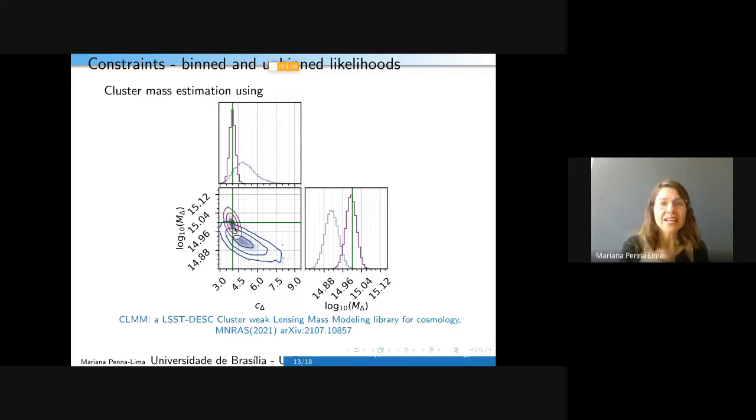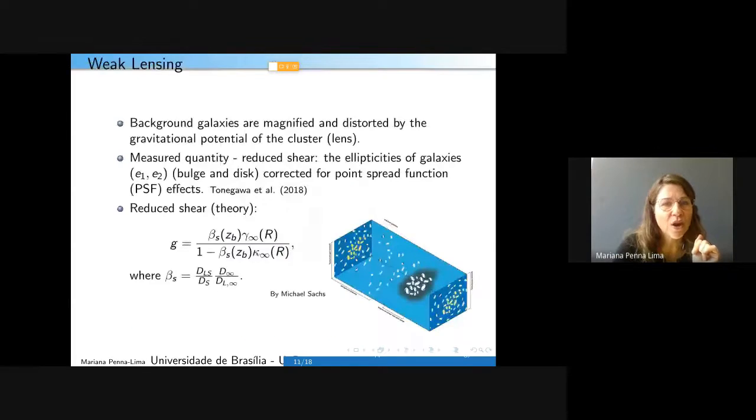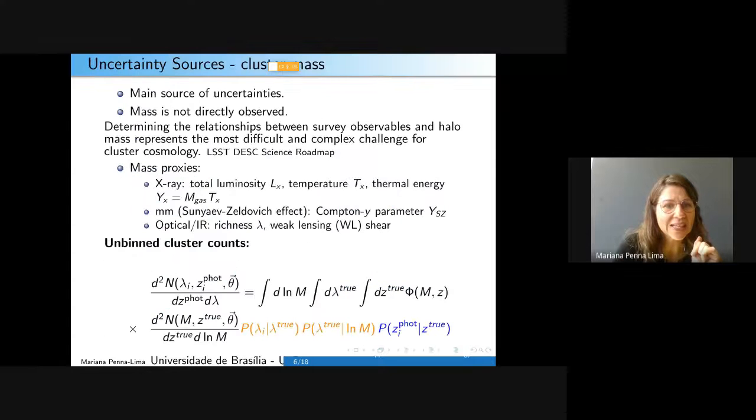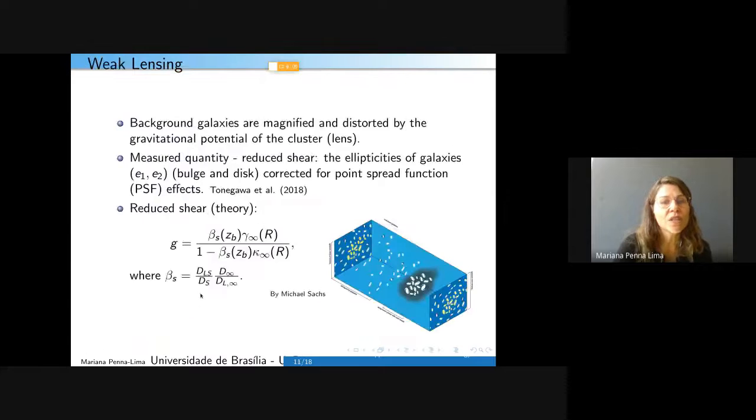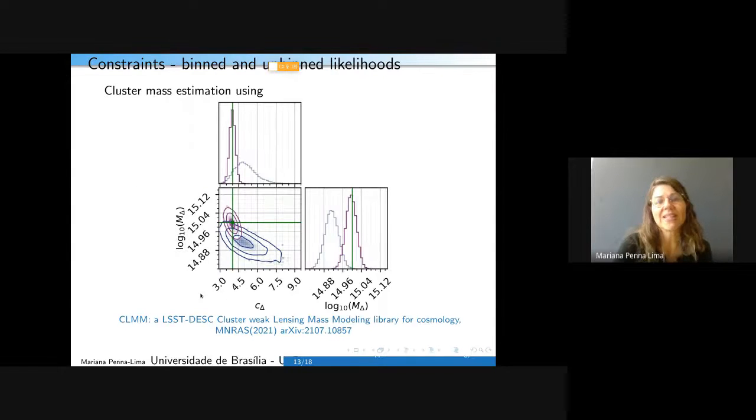Notice that the likelihoods I mentioned here are not the ones in terms of the cluster or halo number density, because that we are going to apply for cluster cosmology, and we have other likelihoods to obtain this cluster mass estimation, but you can assess that.